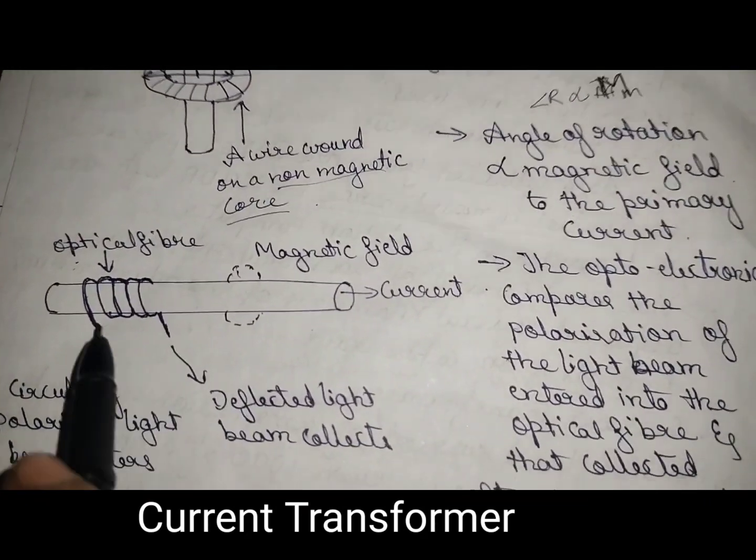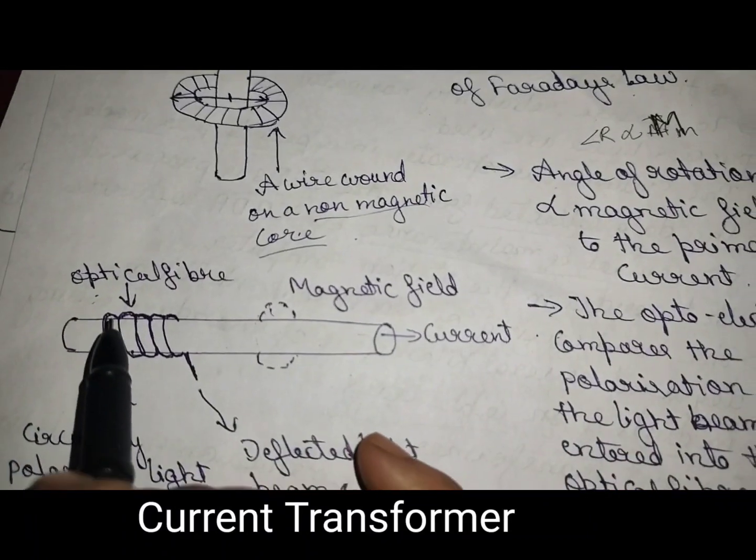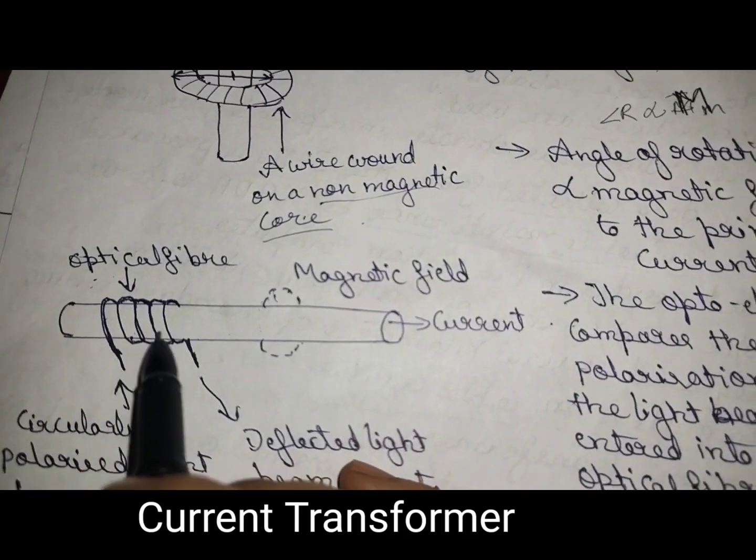Here, this is the current and this is the magnetic field, and this is the optical fiber.